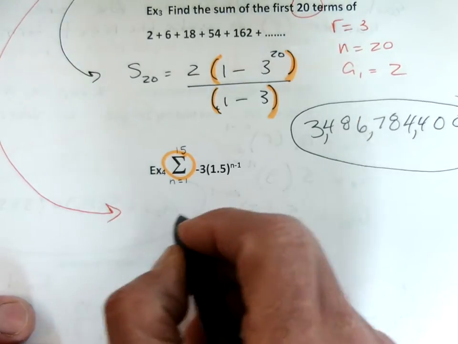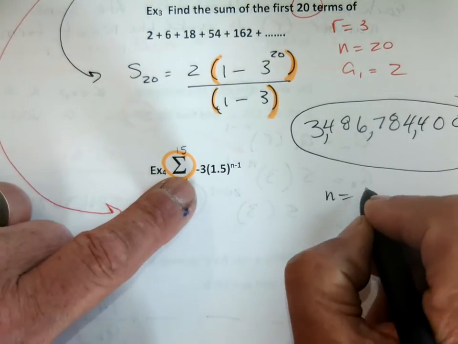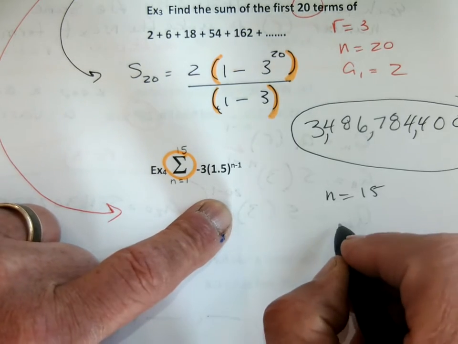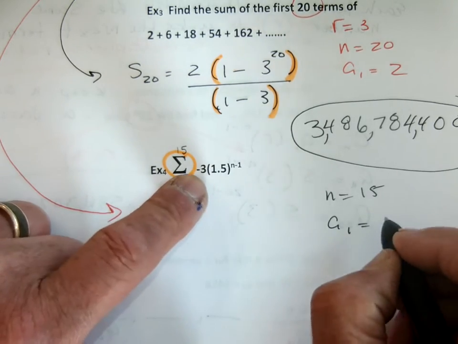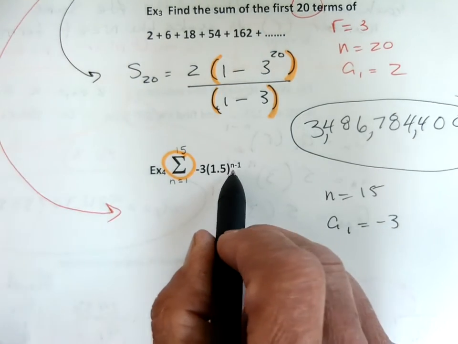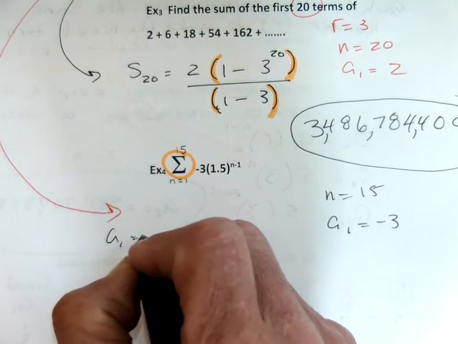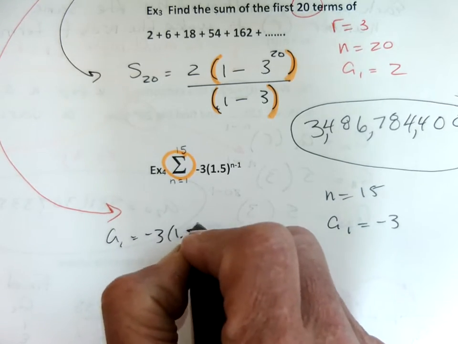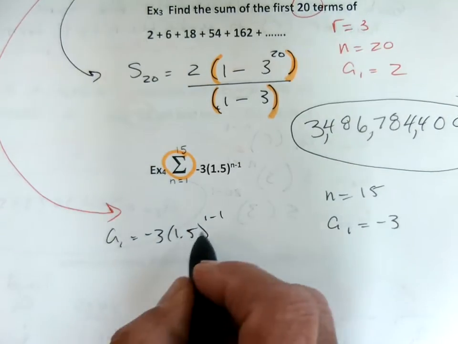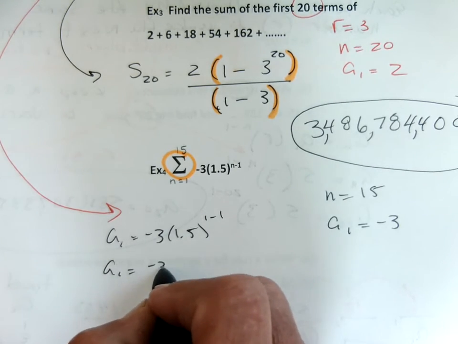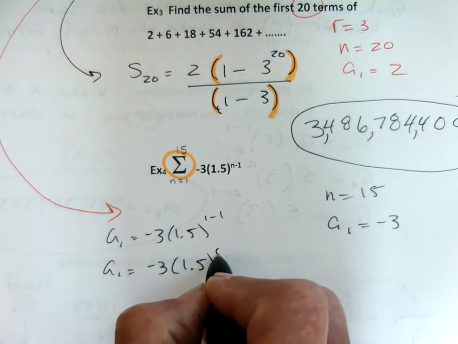So I'm going to go, I know n is 15. A1 is negative 3, but we can test it. A1 is negative 3. That's my first term. But you can plug in 1. So A1, you can go, okay, negative 3 times 1.5 to the 1 minus 1 power. It does turn out to be negative 3 because anything to the 0 power is 1.